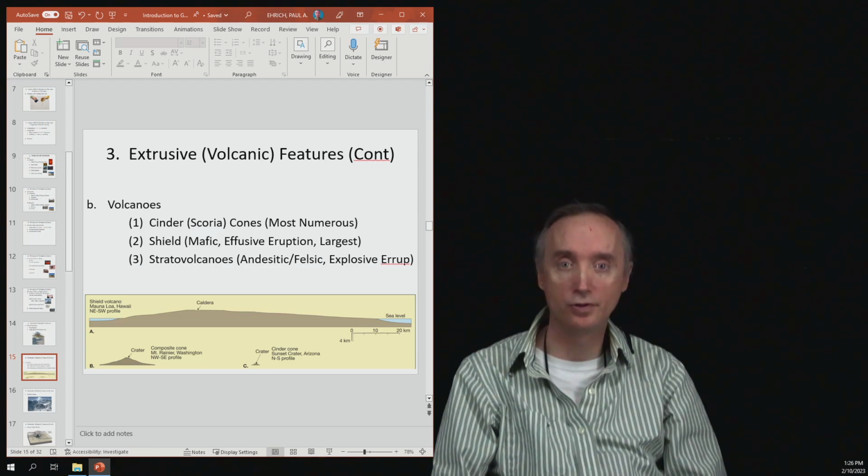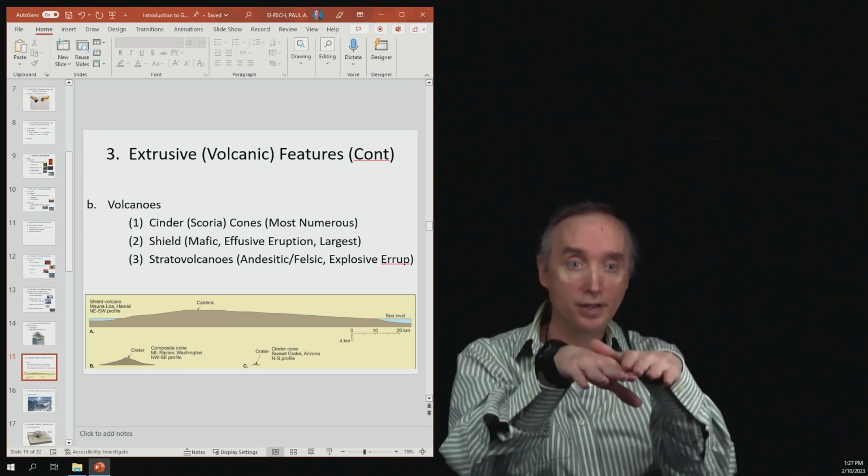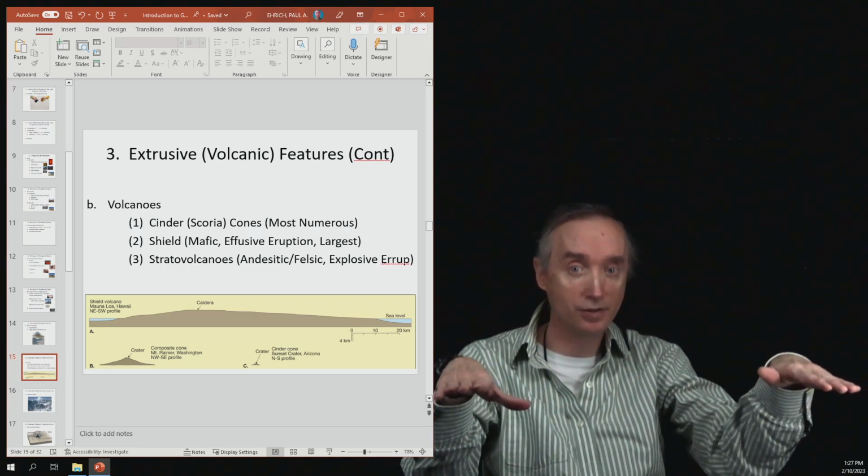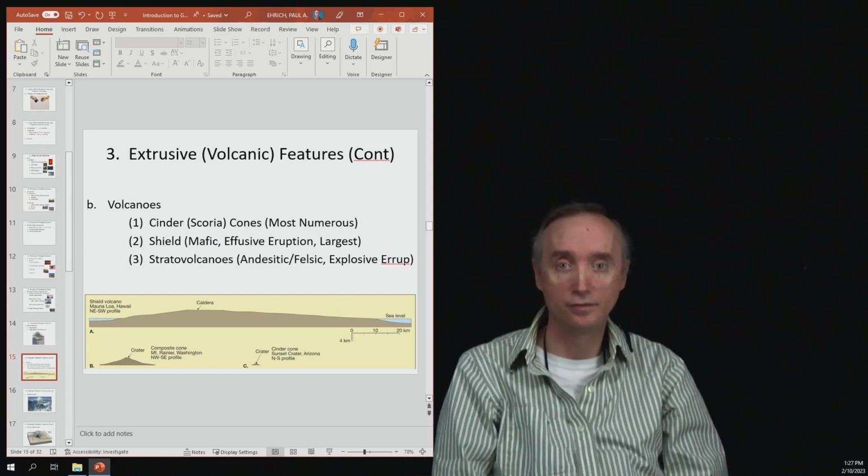They're going to be produced by very mafic magmas. So mafic magmas, the ones that are the most runny, are the ones that are going to produce the shield volcanoes. Because when this material comes up, it's so runny, it basically just goes sideways. It doesn't build up. So there's your shield volcanoes.